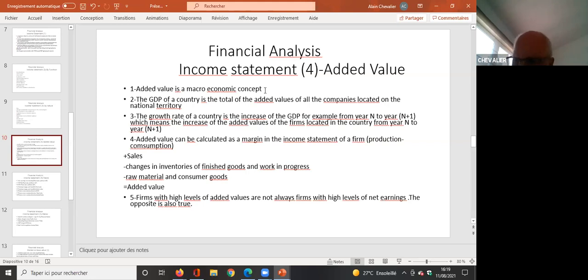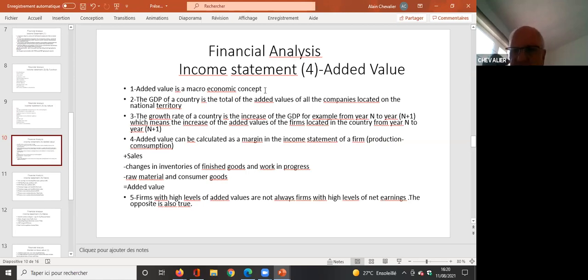On the contrary, subsidiaries of Vietnamese companies with a headquarters in Hanoi or Ho Chi Minh City, but located in Singapore or located in Bangkok or in another country, they are not taken into account in the calculations.